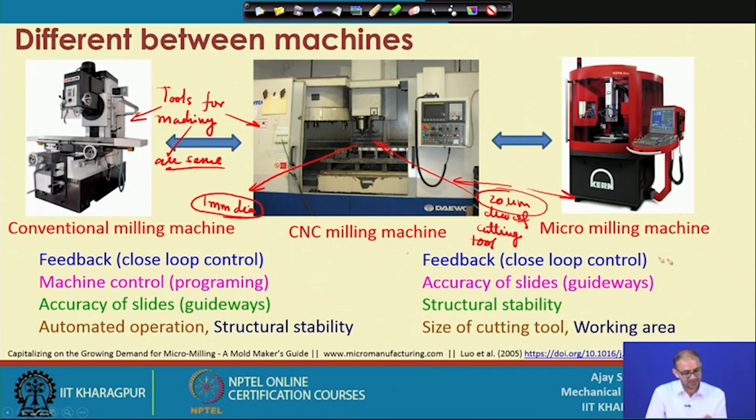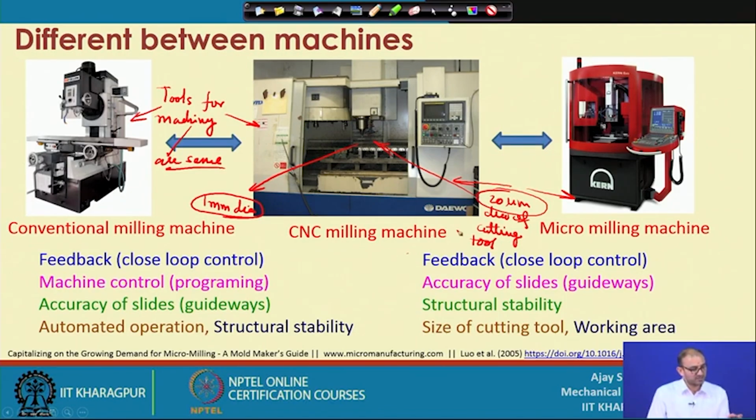But here the size and dimensions of the components are very, very small, and we have to create very tight control between the structural stability, the accuracy of the slides and the feedback controller.